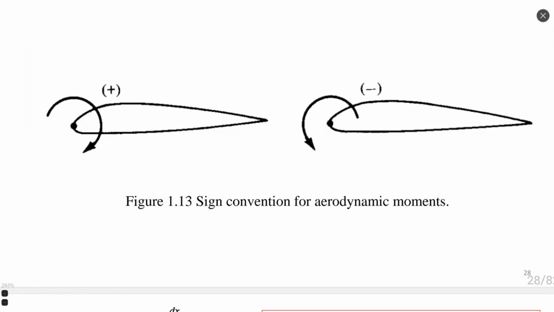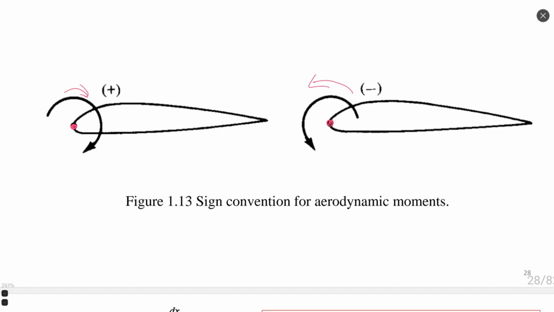Positive and negative momentum. It's a so-called sign convention. It is an agreement that if we fix a point on the airfoil and the forces try to rotate our airfoil in the clockwise direction, the total momentum will be considered positive. If the aerodynamic forces try to rotate our airfoil in the counterclockwise direction, momentum will be considered negative.